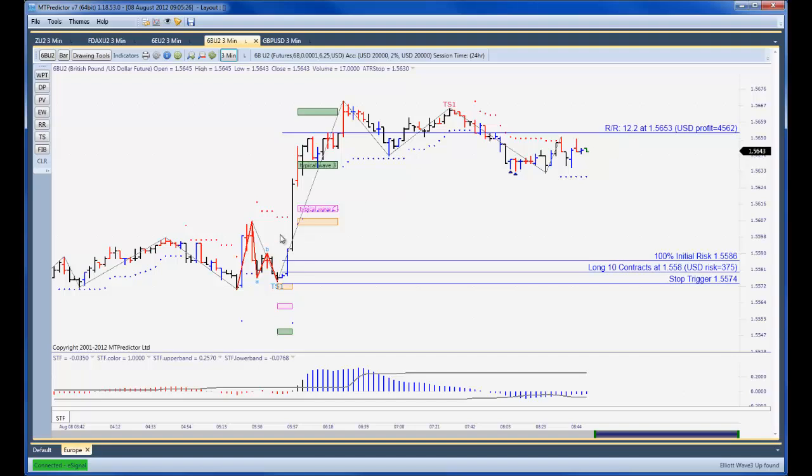And this is the beauty of these Holy Grail trade setups, in that the profit they generate is much, much, much larger than the initial risk. Here, this profit of approximately $4,500 was just over 12 times greater than the initial risk of $375.